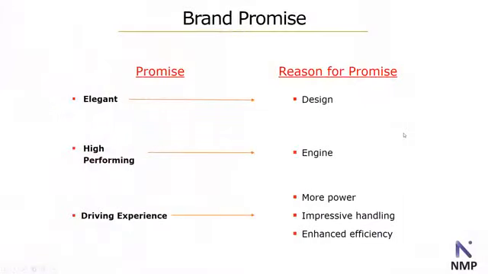And their promise, how they're going to achieve all that, is that their product is elegant, based on their design. It's a high-performing car. They supposedly have a great engine, and they promise a driving experience with more power, impressive handling, and enhanced efficiency.